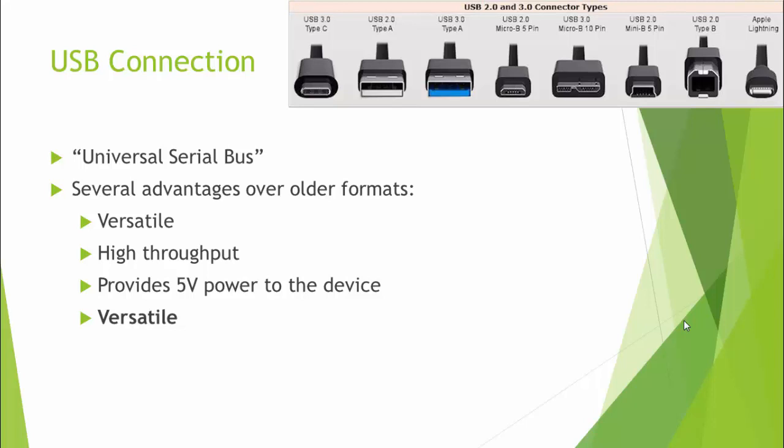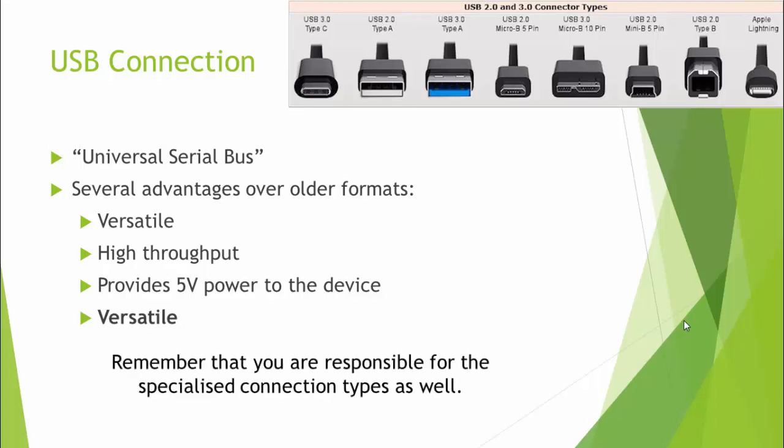In contrast to almost all of the connectors we saw in the previous slide, they provide 5-volt power to the device that is connected up, which is extremely useful. And it's probably worth emphasizing that they're extremely versatile. So you do need to be able to talk about the individual types of these things. And you may have already run into a lot of this with your video game consoles or your cameras or your phones in terms of connecting them up to the PC.